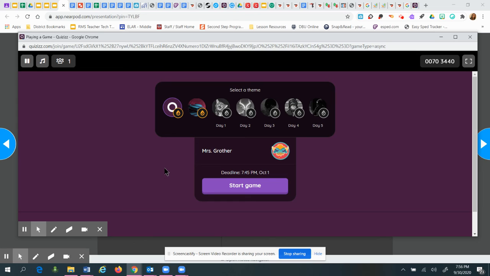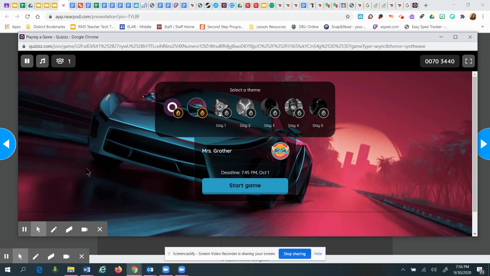You kind of get power-ups too, depending on how well you perform. So I've done a couple quizzes and I've earned some points. I haven't done too many quizzes, but this is your classic theme. And I can also change it to synthwave if I would prefer. And since I haven't had this one, I think I'm going to keep it at this one right now. So I'll go ahead and start the game.